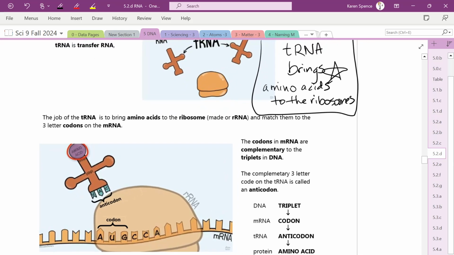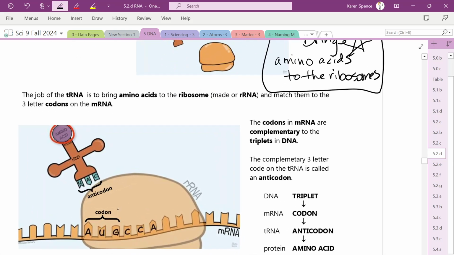And I feel like this year I would like to make codon and anticodon enriched terms.